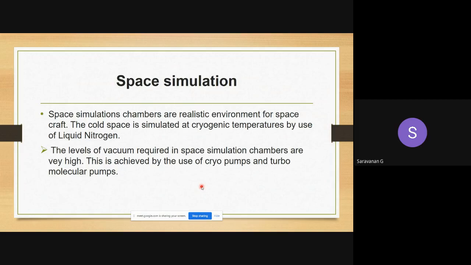The level of vacuum required for this system should be very high. For that, you use a cryopump or turbo molecular pumps. We will also discuss in future what the cryogenic systems are and how the pumping will occur to maintain or generate extremely low temperatures.